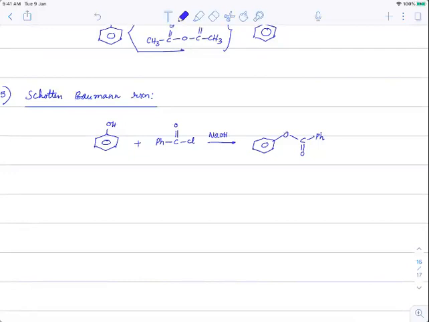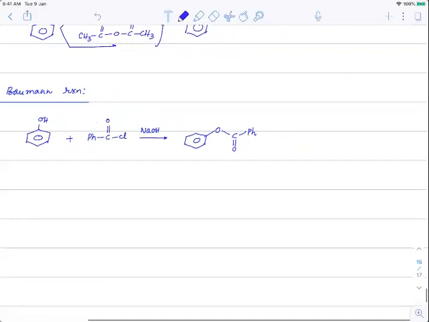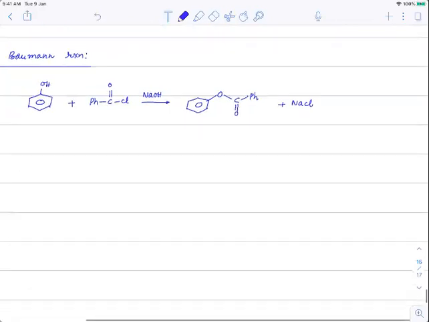Basically, the product that is forming along with NaCl, this Cl minus can react back and drive the reaction in the backward direction. So if you want to avoid that, react in the presence of base.